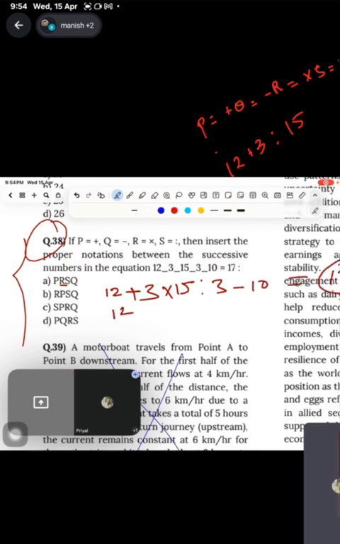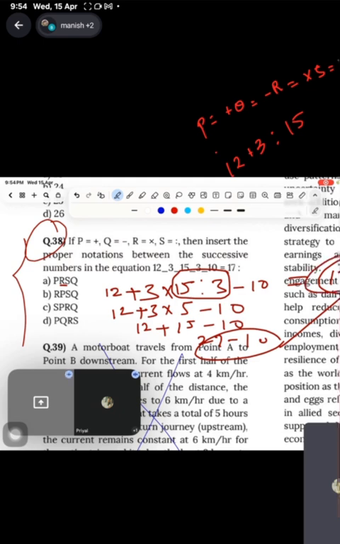If you follow the BODMAS rule, it will be 5 because it is division, and minus 10. So now it will be 15, 10. 27 minus 10 equal to 17. See, the first is the right one.